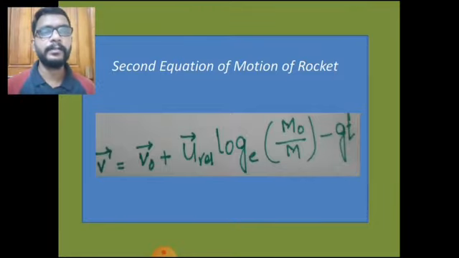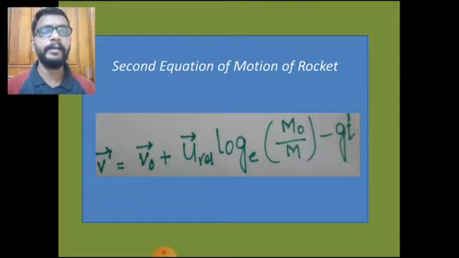We know that m naught is the initial mass of the rocket and m is the instantaneous mass of the rocket. Now our aim is to derive the first and second equations of motion of the rocket. This is an important topic and an important question in this chapter for undergraduate students.